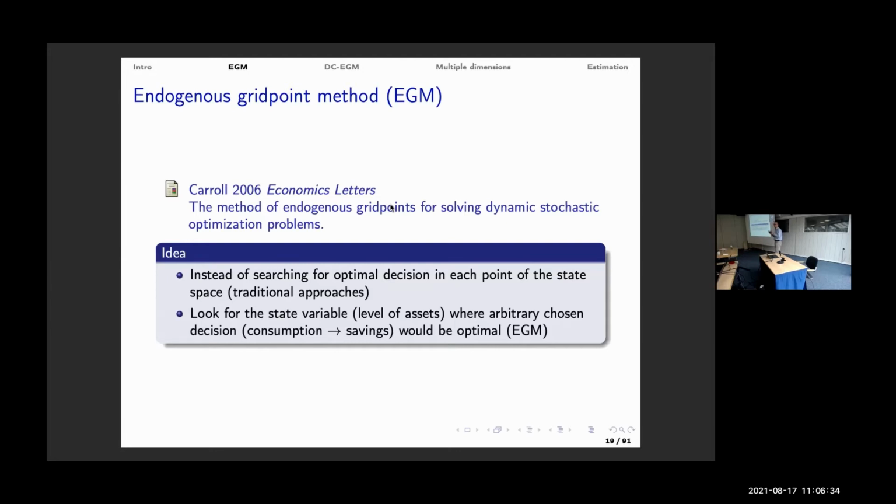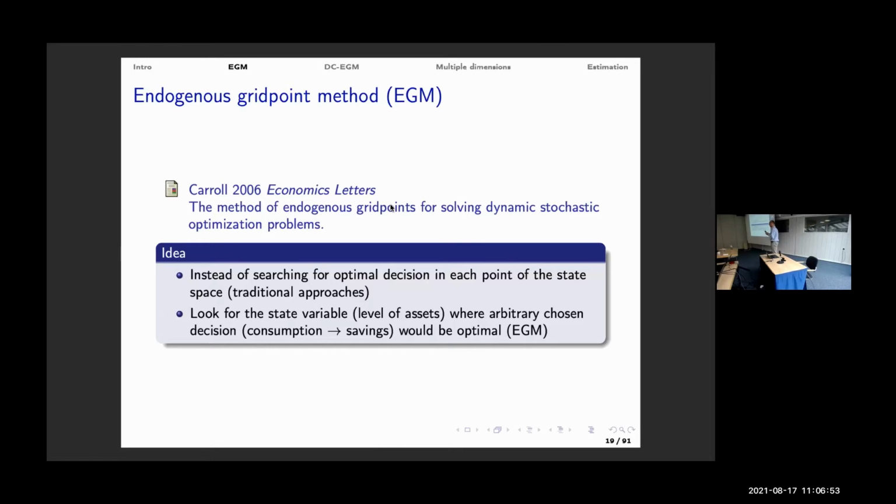And that's really at the heart of the endogenous grid point methods everywhere. So instead of going through the grid on states, you go through the grid of potential decisions, and for each of those decisions, you find the point in the state space where it would be optimal according to our conditions.